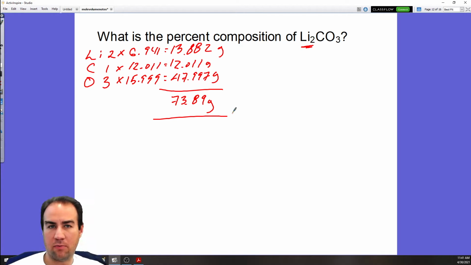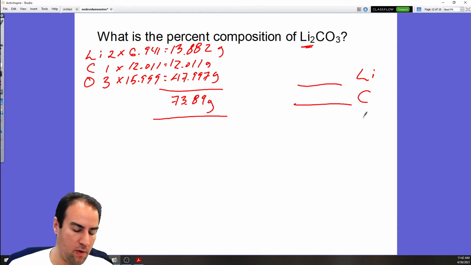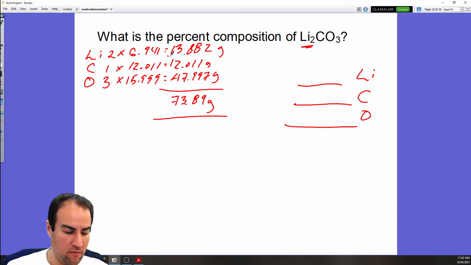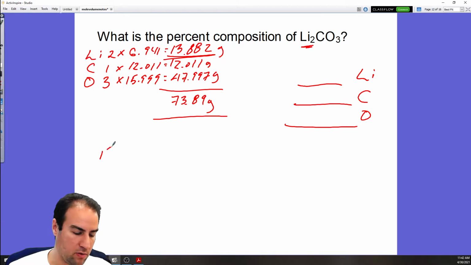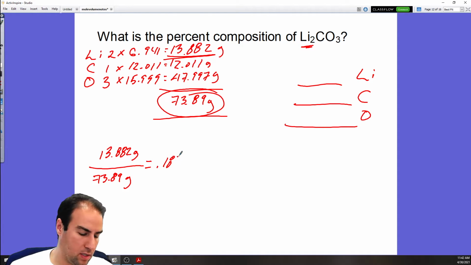Now we need to calculate the percentage for each of those. We'll make a little list over here: lithium, carbon, and then oxygen. You take the molar mass of lithium in that compound, 13.882 grams, and divide it by the total molar mass, 73.89 grams, and you get 0.1879.